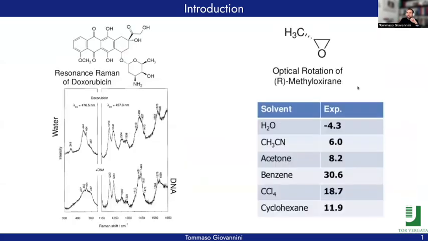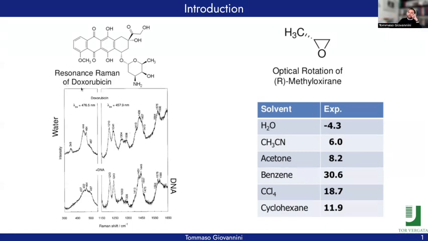Okay, so this is for optical properties, but this is not only limited to optical properties. If you take a molecule like doxorubicin, that is an anti-cancer drug, this molecule intercalates into the DNA. So it is in particular relevant to understand whether this is intercalated, and so it is actually active from the anti-cancer point of view, or whether it is dissolved in the environment, that is water for biological systems.